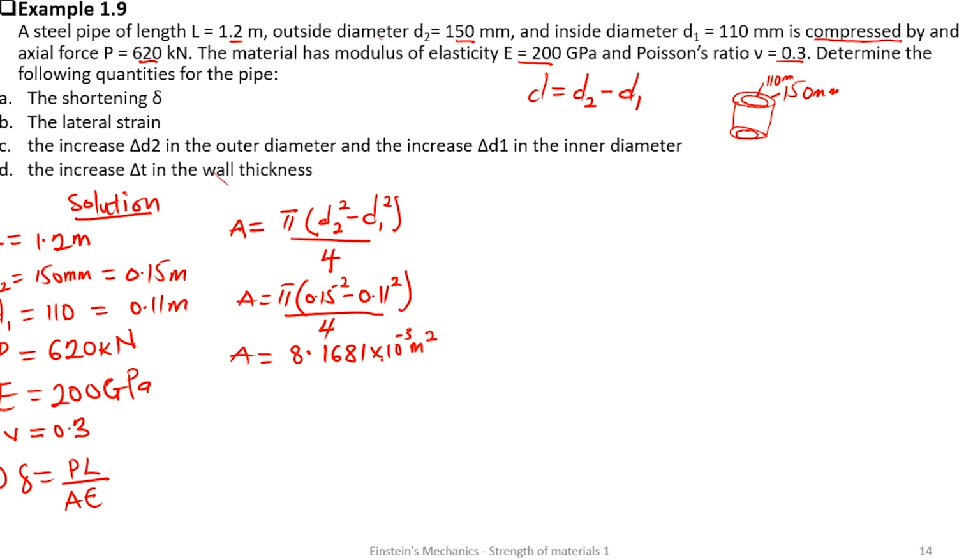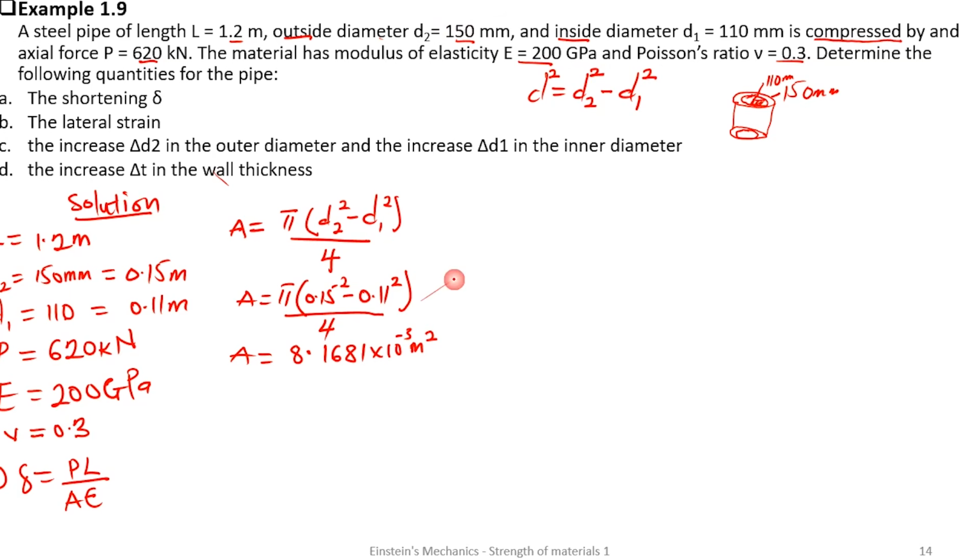So from this formula, I have my P already. Simple. I have my L, I have my E, and I have my area. And the problem was the A. How to know, since they gave an outer diameter and an inner diameter. This is it. The D square is going to be the larger one, which is the outer, minus the inner one.